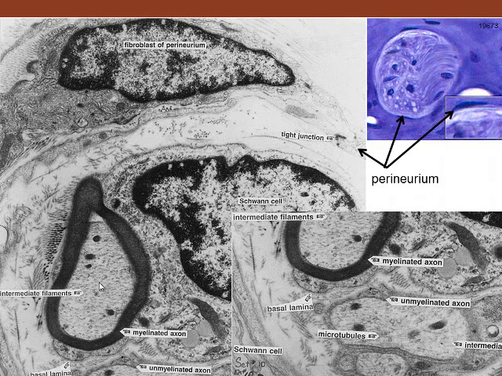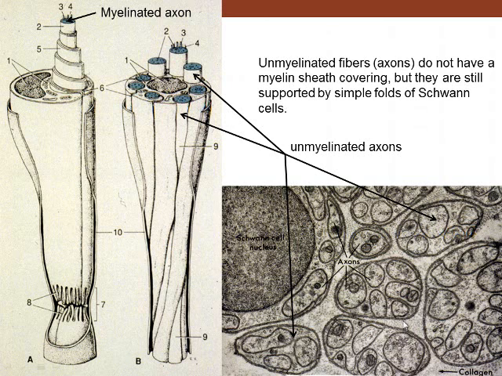Here we see a Schwann cell, a myelinated axon in through there. This is another Schwann cell that has some unmyelinated axons, 1, 2, that we can see that it has. So if a Schwann cell myelinates an axon, one cell only myelinates one axon.